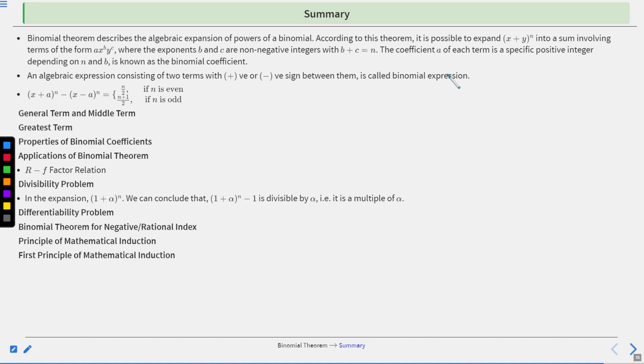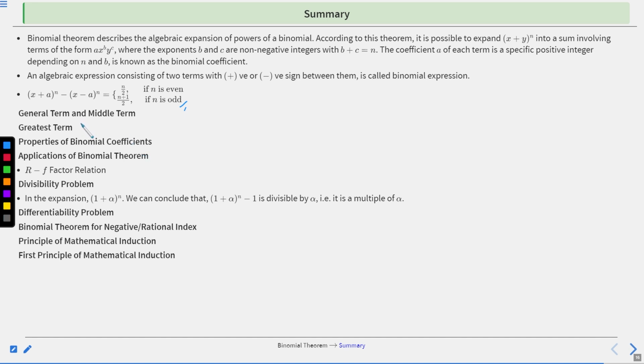The coefficient a of each term is a specific positive integer depending on n and b, known as the binomial coefficient. An algebraic expression consisting of two terms with a positive or negative sign between them is called a binomial expression. Also, (1 + x)^n − (1 − x)^n and (x + a)^n − (x − a)^n can be represented as n/2 if n is even, and (n + 1)/2 if n is odd, right?